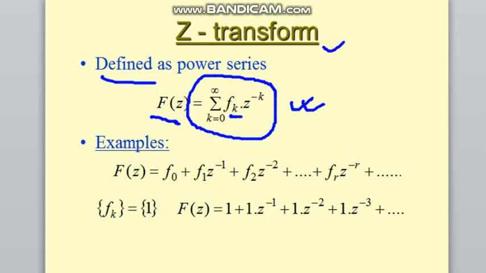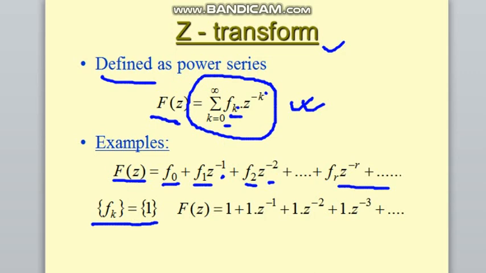Some examples are there. If f(k) is equal to 1, you can make a power series of that equation, as you can see here. F(z) will be, for k equal to 0, f0, then f1 z to the minus 1, f2 z to the minus 2, and so on.